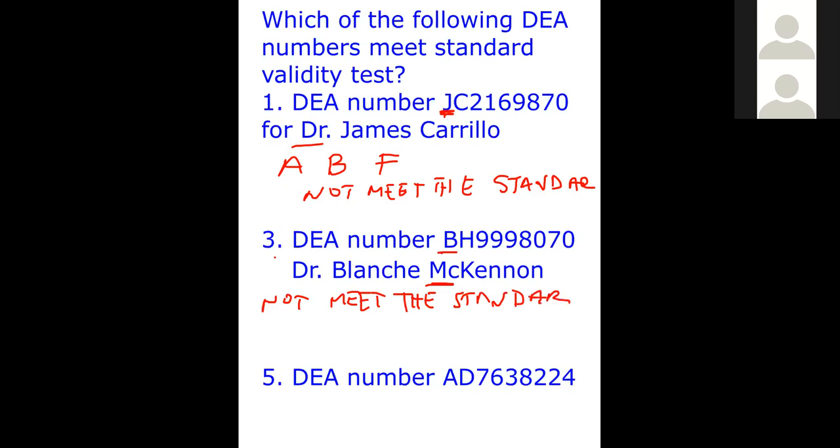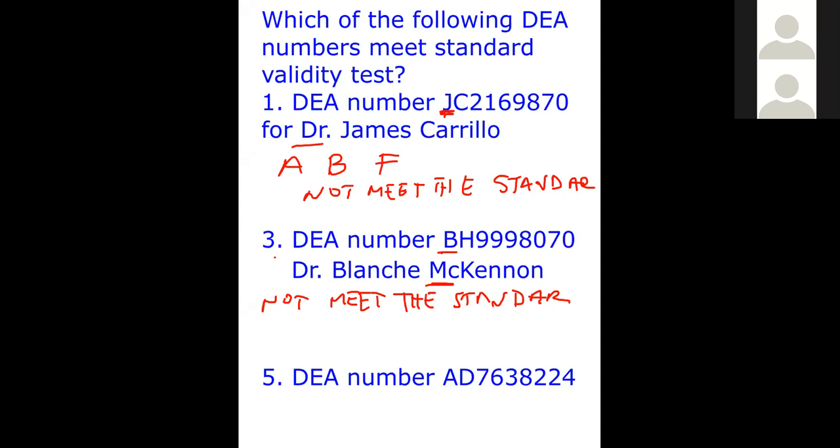So moving on to number 5. DEA number AD7638224. And this is Dr. Anita Chan. Again, looking at our first set of letters, A meets the criteria because this person is a doctor.